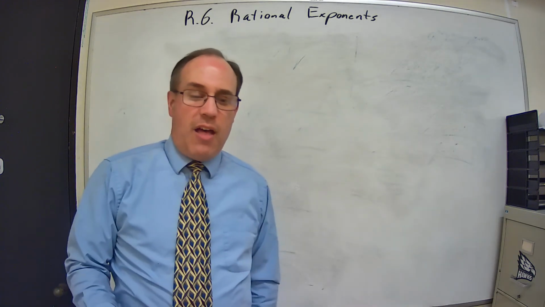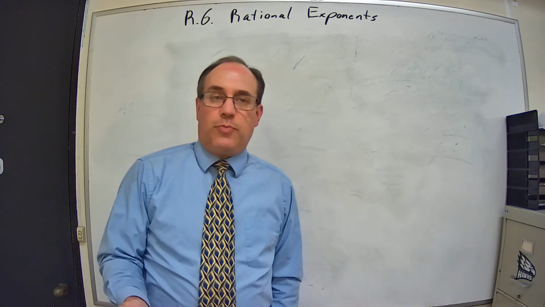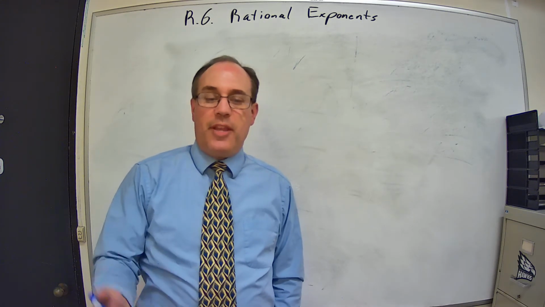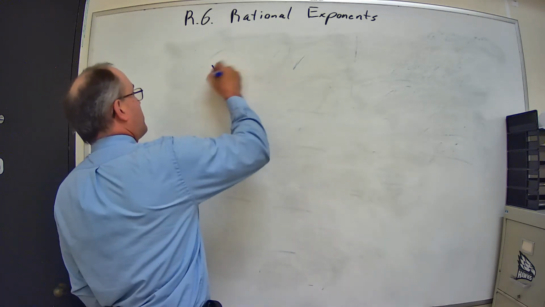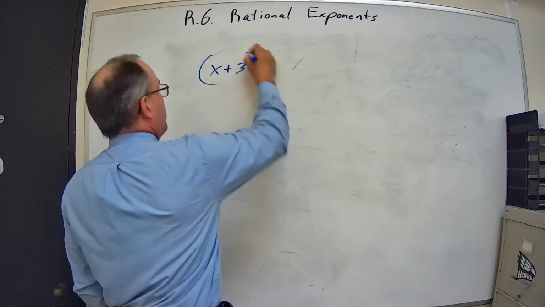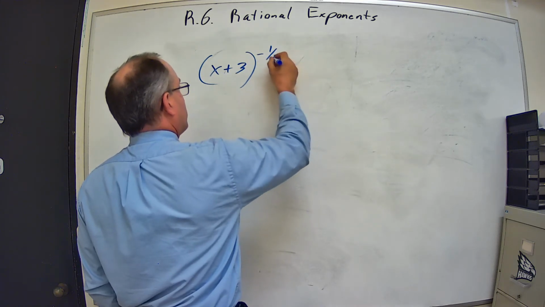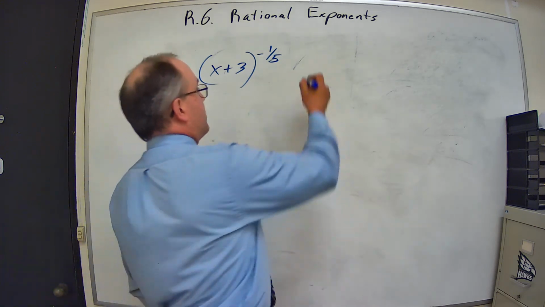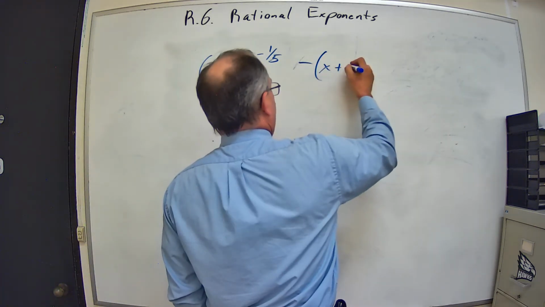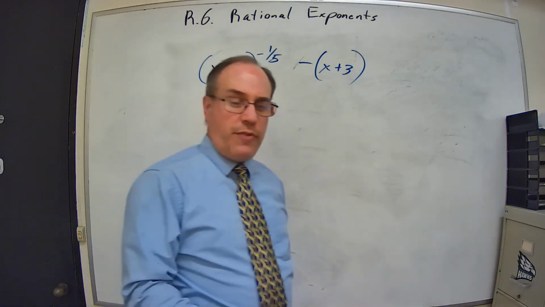What if we have radical exponents and we want to factor out maybe a negative radical exponent? So what if we have x plus 3 to the negative 1/5, minus x plus 3 to the 3/5.